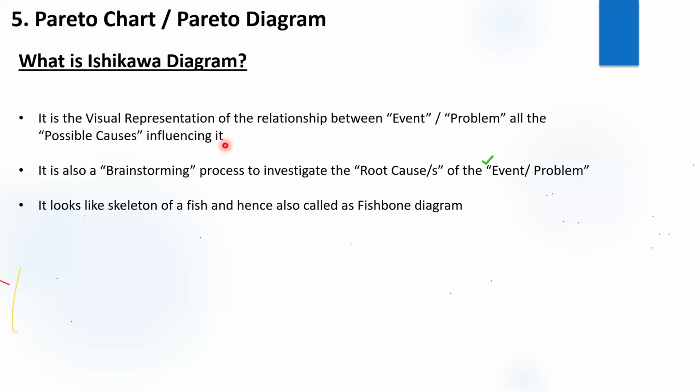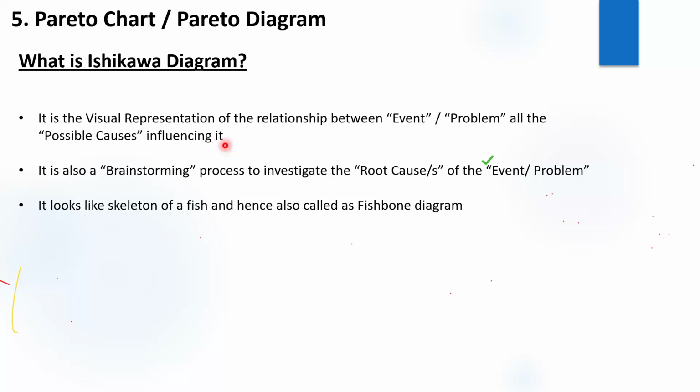Ishikawa diagram is a visual representation of the relationship between the problem and the possible causes. Okay? It looks like a skeleton of a fish and hence it is called a fishbone diagram. Why it is called a fishbone? I will explain. It looks like the skeleton of a fish.